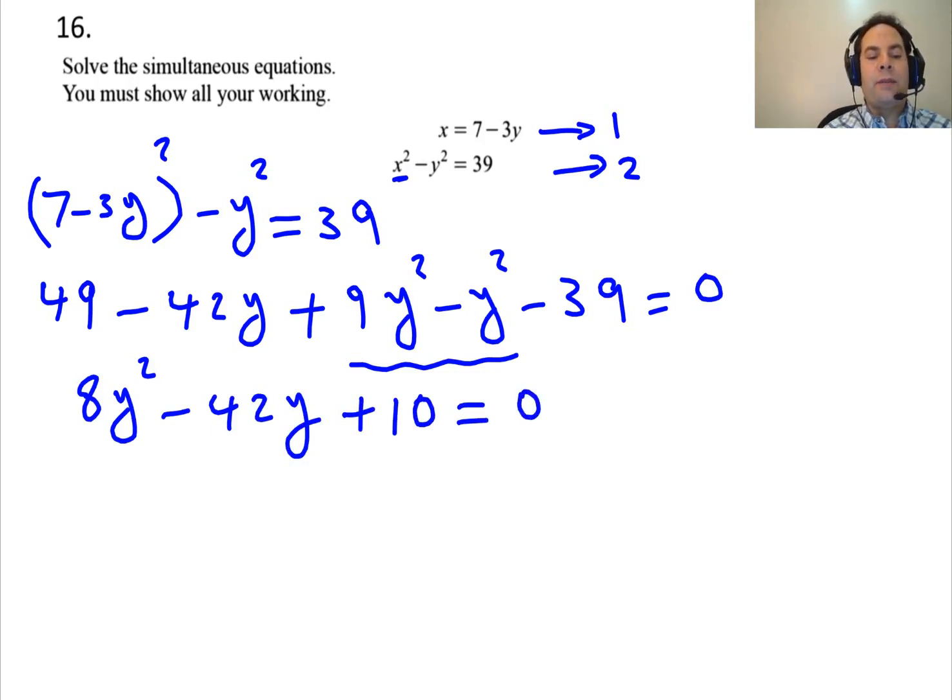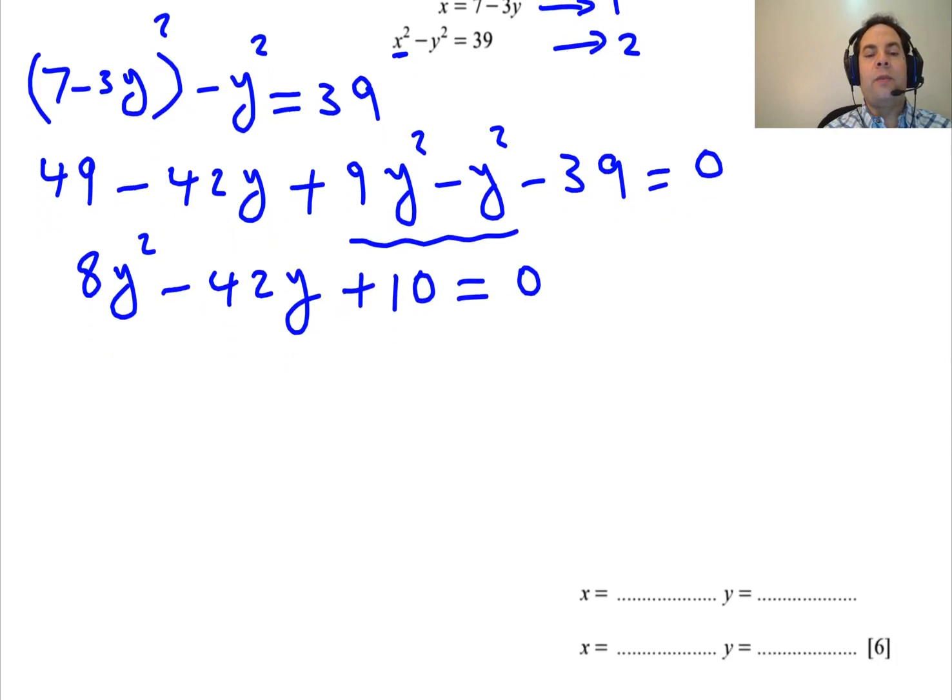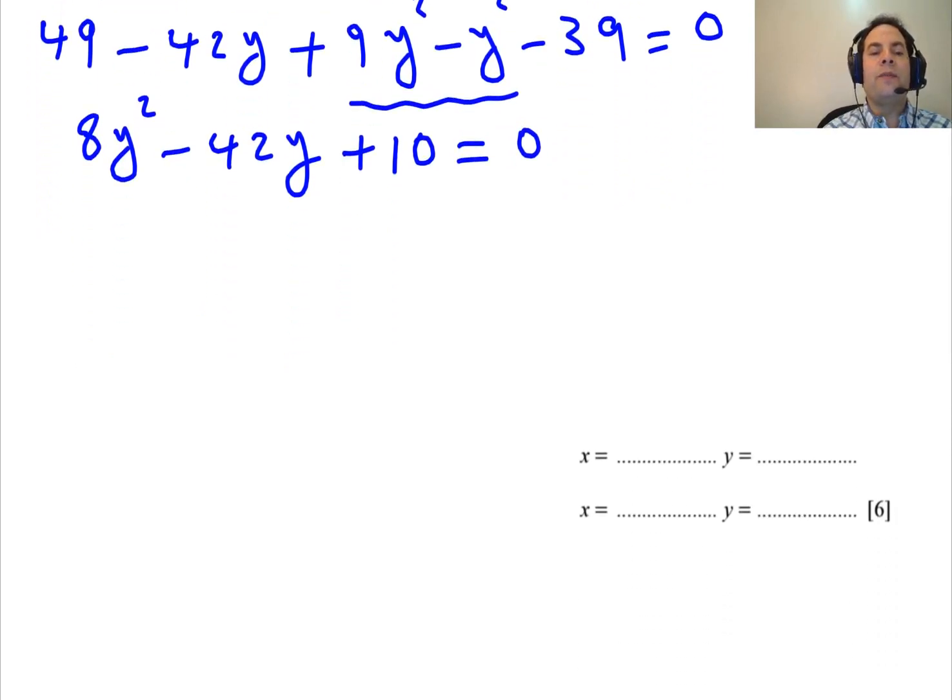Still, you can simplify more by dividing both sides by 2. 8 divided by 2 is 4y squared. 42 divided by 2 is 21y. 10 divided by 2 is 5.